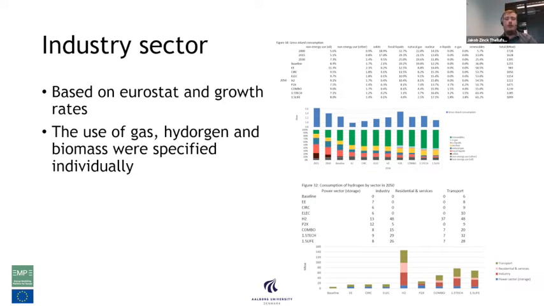And finally, one of the main sectors that we looked at was the industry sector. So this was quite complicated for us in terms of the way the data was reported. I'm trying to show this here simply by noting that a lot of it was based on growth in percentages from different baselines.